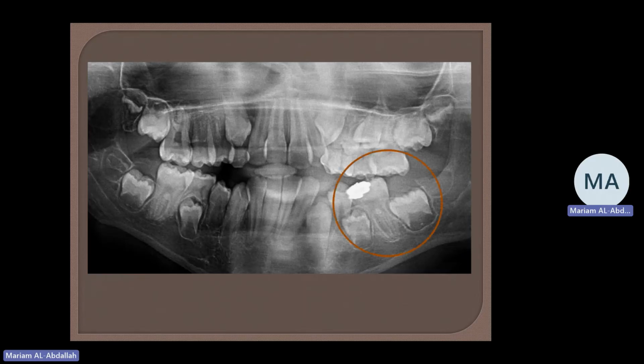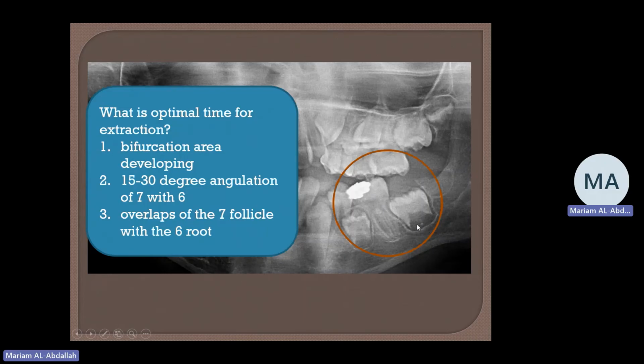Looking at this case here, we have a 6 with poor prognosis. You can see the follicle of the 7 developing. So we have the bifurcation area just starting to develop. This is good. The angle between the long axis of the 6 and the long axis of the 7 is 15 to 30 degrees, acceptable.